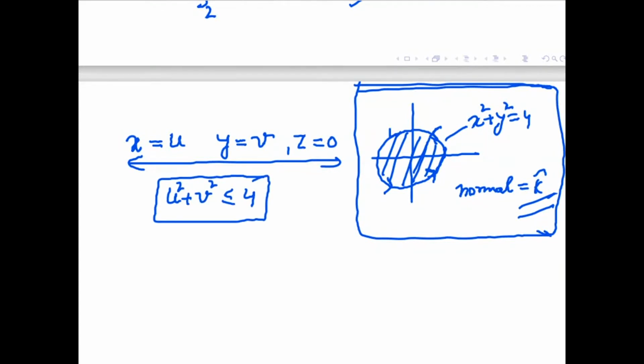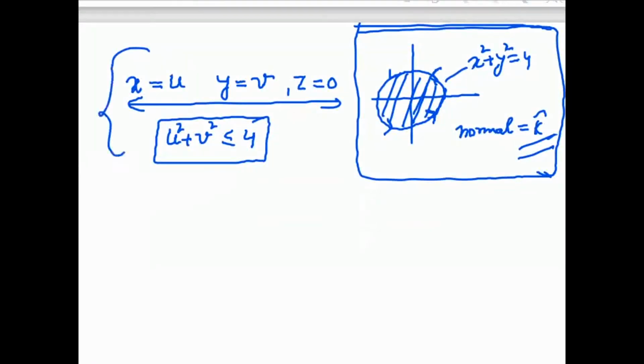This is the parameterization of the same disk, x square plus y square less than 4. Based on u square plus v square less than 4, we can apply the limits. Here it is easy to find the normal direction, we are only interested in k-cap.